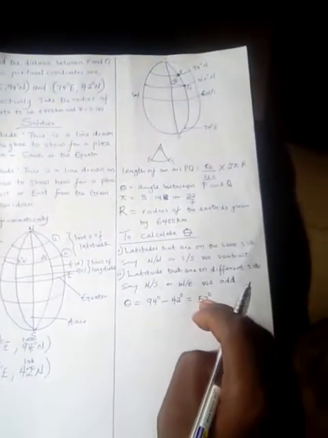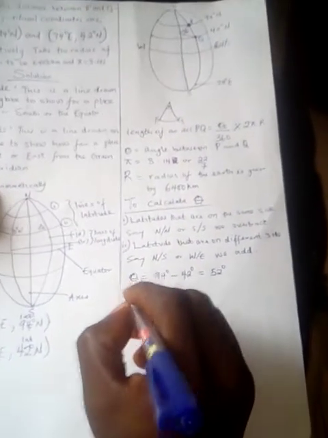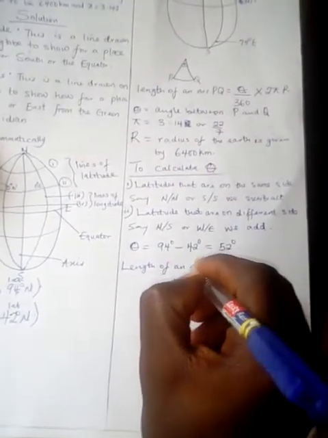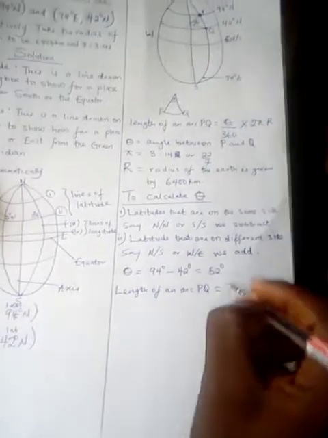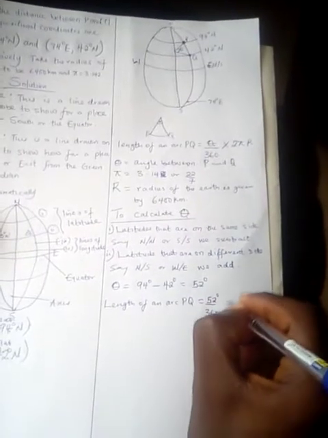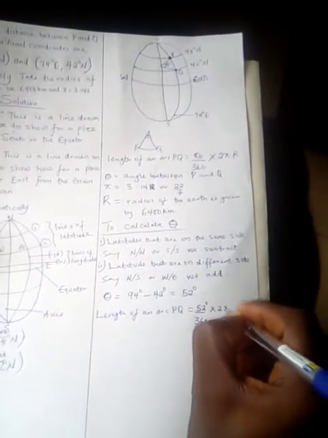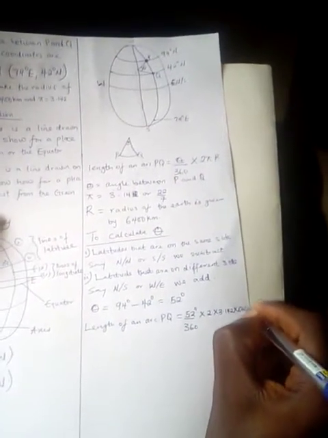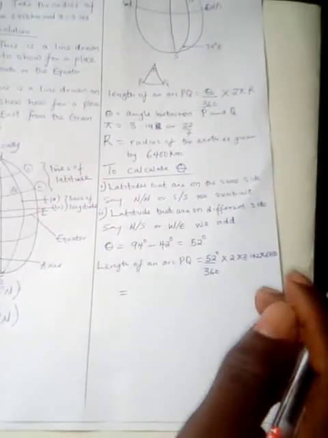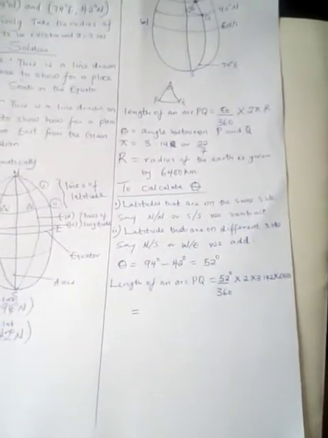Now, having gotten angle theta, we can substitute it in the formula of an arc PQ. So the length of an arc PQ is equal to 52 degrees over 360 times 2 times 3.142 times 6,400. Now I need to perform this calculation, so I will need a calculator to solve this.